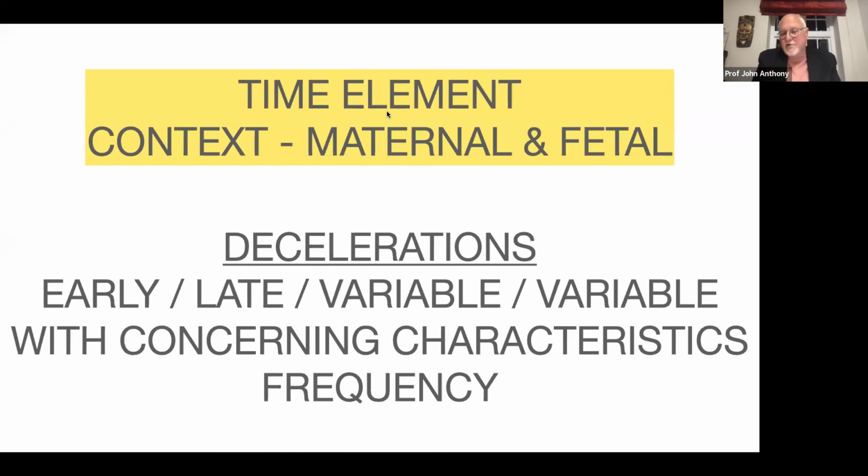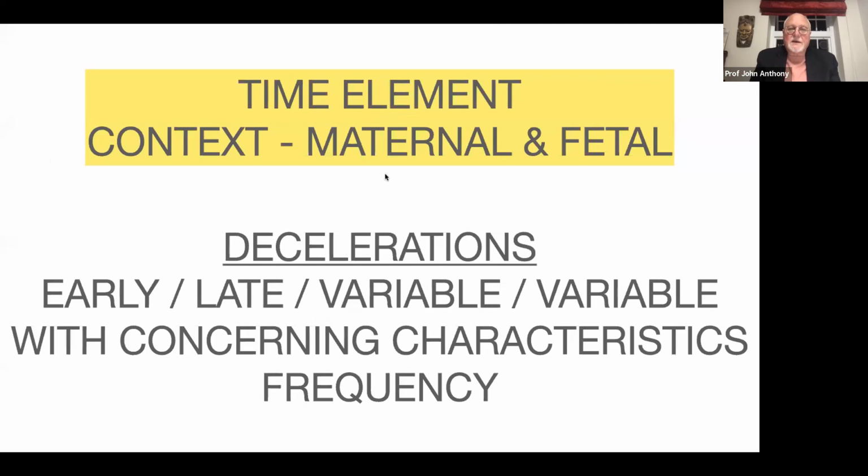So whereas they may have a criterion of looking at the tracing in labor and saying you require 30 minutes of whatever for something to be considered abnormal, if there's something wrong with the fetus, then you do not need to wait 30 minutes to decide that that component of the tracing is abnormal.